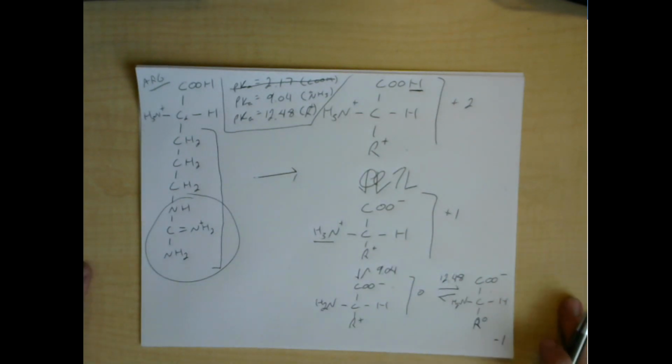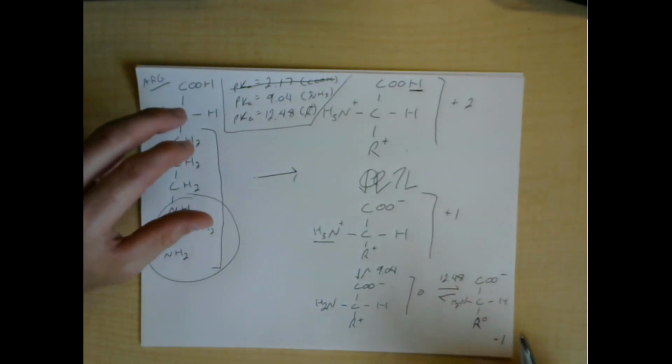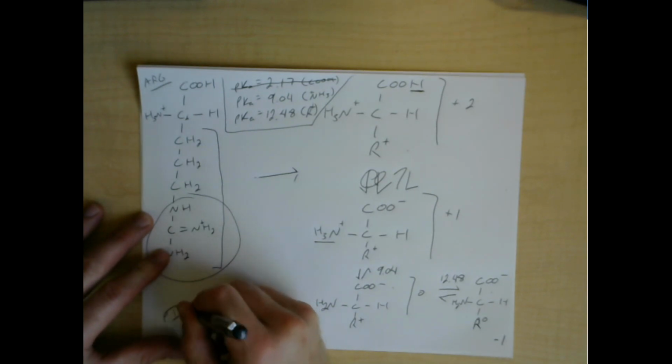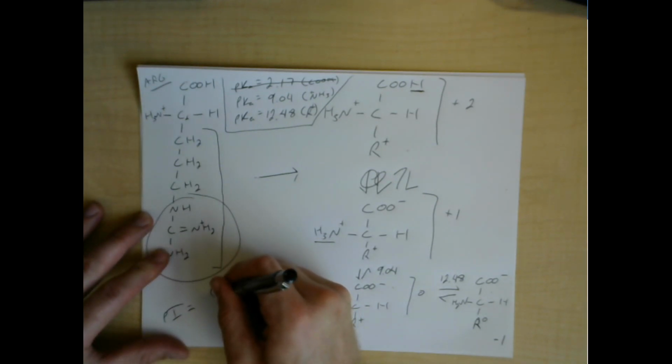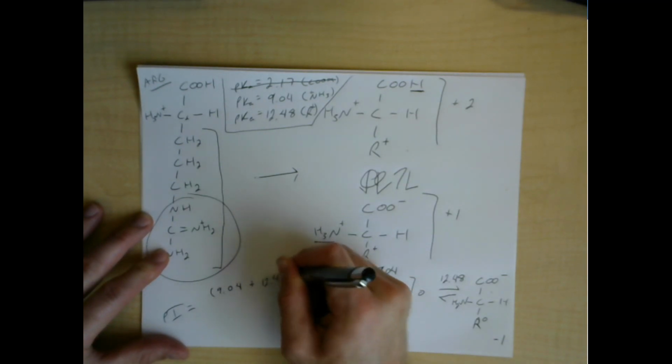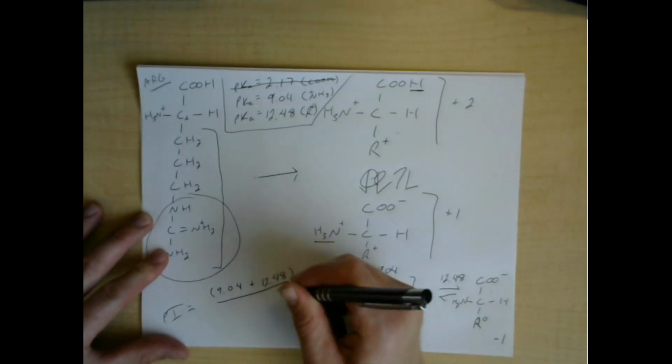Okay, so now I know which pKa's I need to use to calculate the PI, and I can do that. So if I write out my PI, it's going to be 9.04 plus 12.48 over 2.